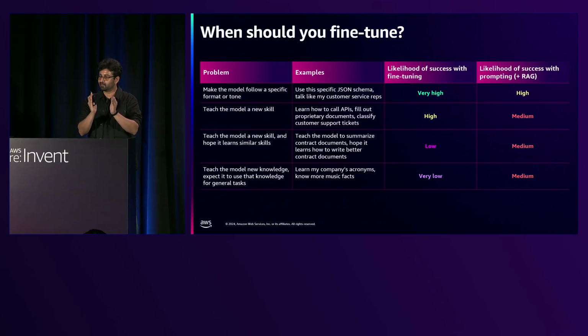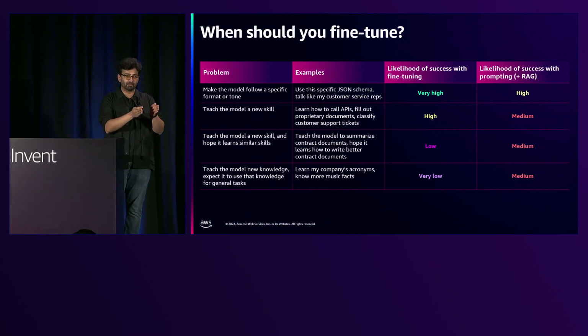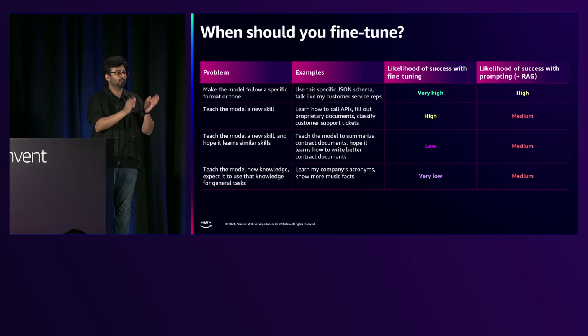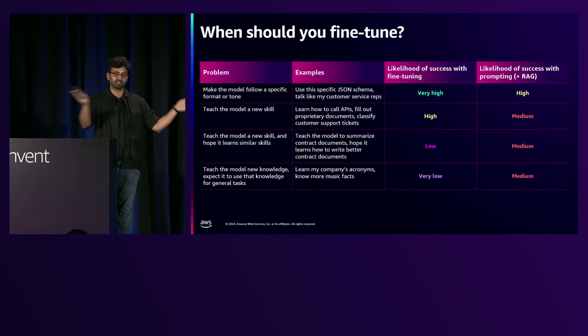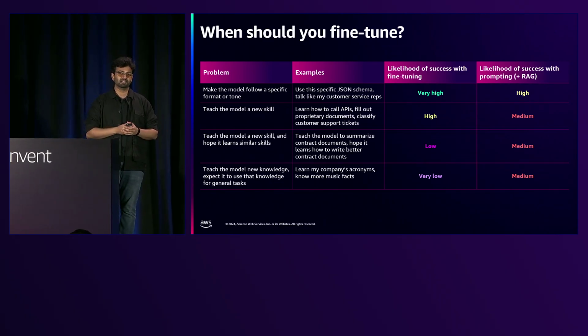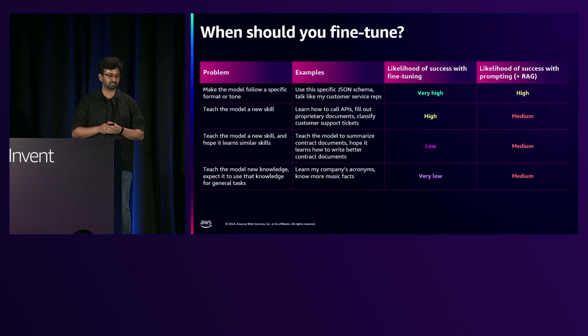Now, with that example in mind, you can pretty much say that the text-to-SQL model that you fine-tune is going to do well in that particular set of tasks. But if it's a slightly different kind of SQL, or if it's GraphQL, it's not going to generalize well in multiple other tasks, right? So this is where even with fine-tuning, you can expect it to do really well at a particular task that you teach it to do, but then it's going to be less likely to generalize well across multiple similar task sets as well.